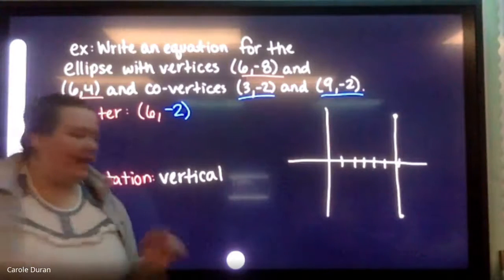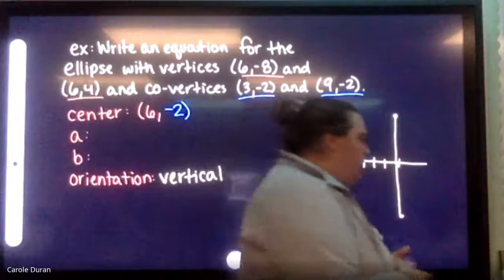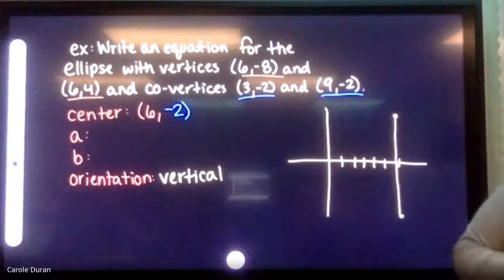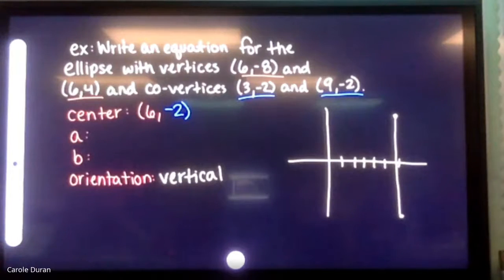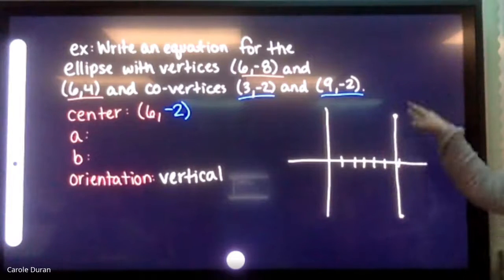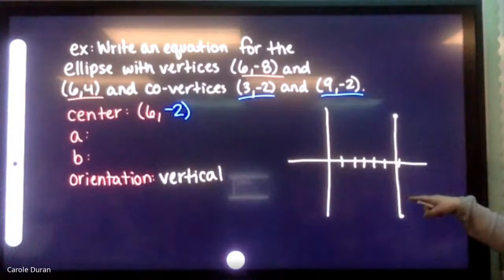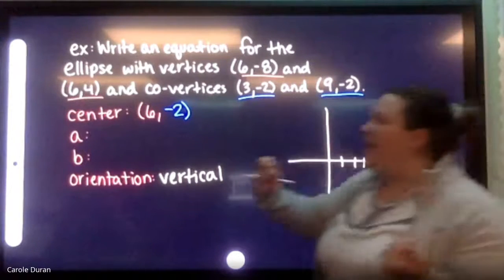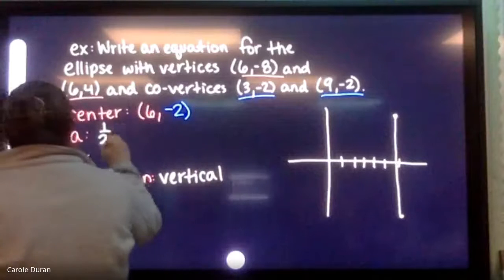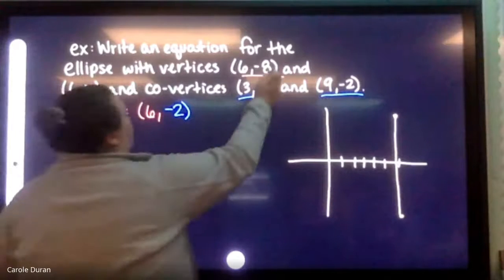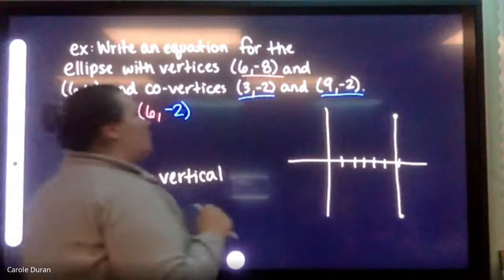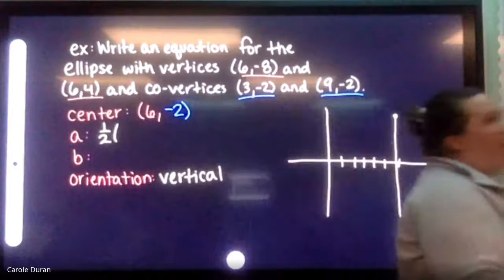So to find the A, I know A is always my major axis. So in other words, it's half the distance between my 2 vertices, right? Because this is my major axis, I know its length is 2A. So half of that would just be A. So to find A, I'm going to do 1/2 times the difference between these y values on my major axis.